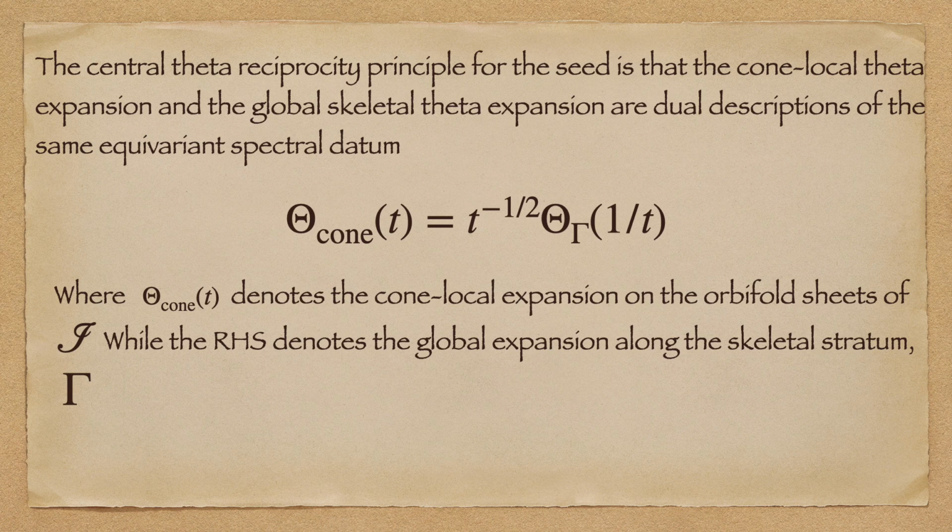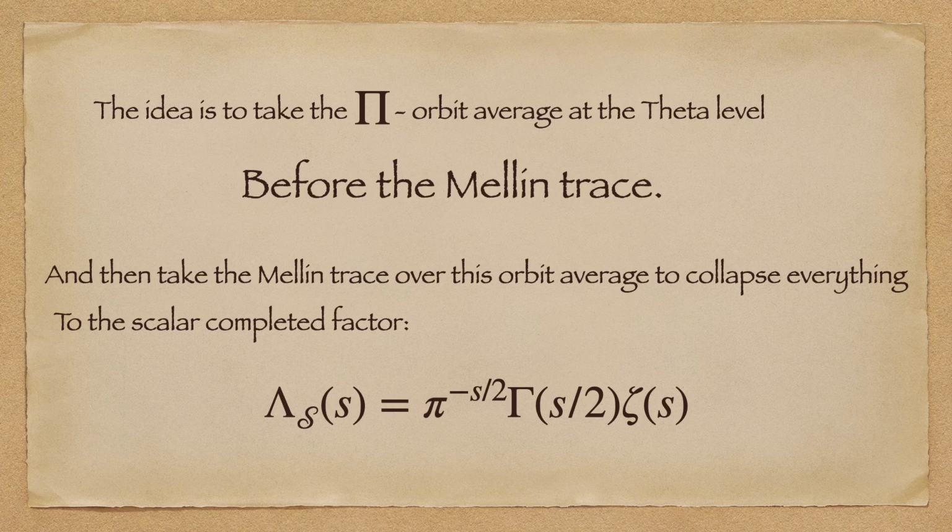So this is basically just theta reciprocity, but we're interpreting it in a more geometric context, where theta sub cone of t denotes the cone local expansion on the orbifold sheets of \mathcal{I}, while the right-hand side denotes the global expansion along the skeletal stratum gamma. So the idea is to take the pi orbit average at the theta level, that is before the Mellin trace, and then take the Mellin trace over this orbit average to collapse everything to the scalar completed factor.